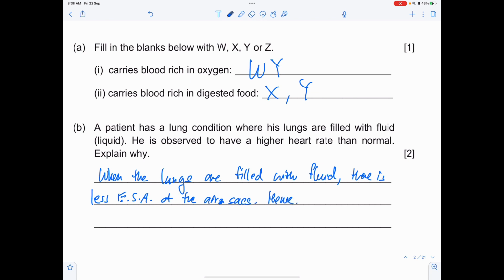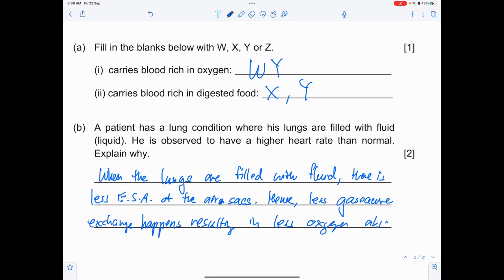Hence, less gaseous exchange happens, resulting in less oxygen absorbed into the bloodstream.